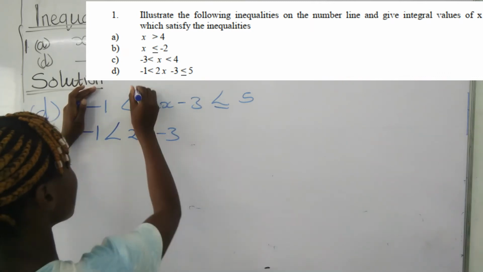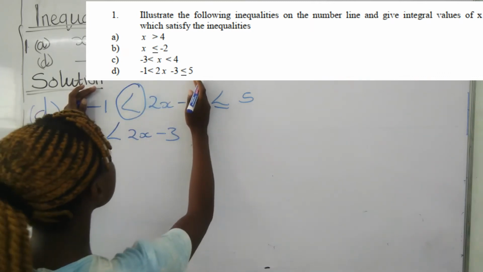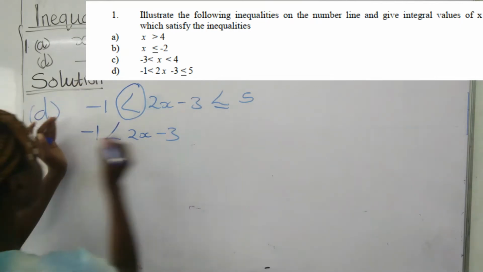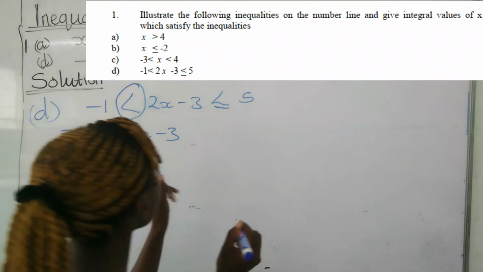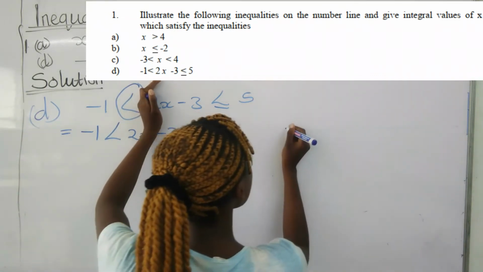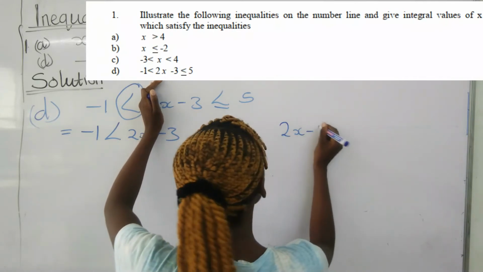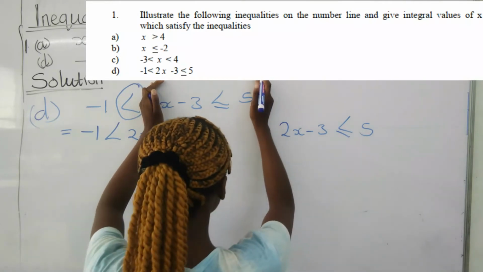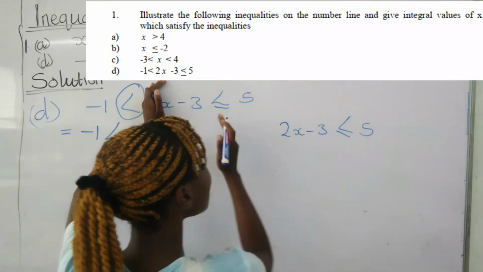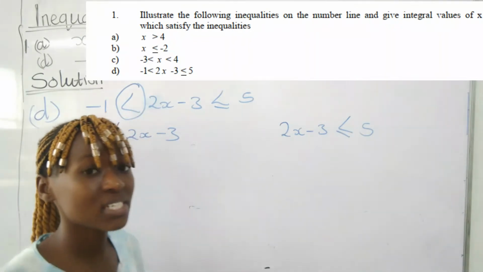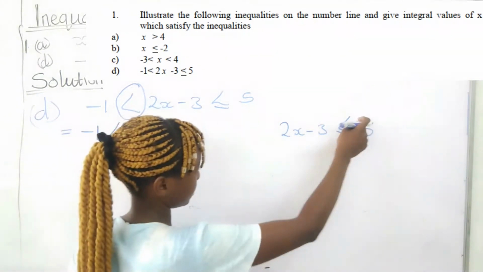Which sign do I mean? I mean this one. Then for the second part, you take the second sign, only this part. So it reads 2x minus 3 less than or equal to 5. You take the second part with the same sign and make sure that it contains just one sign.